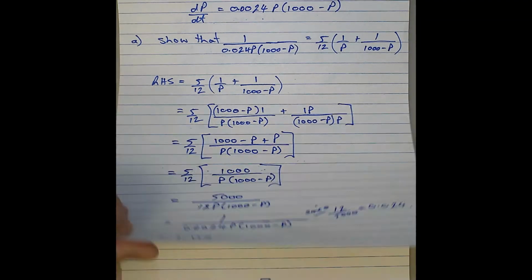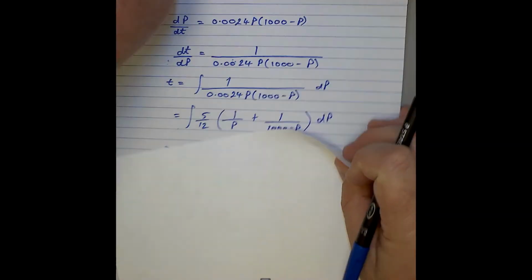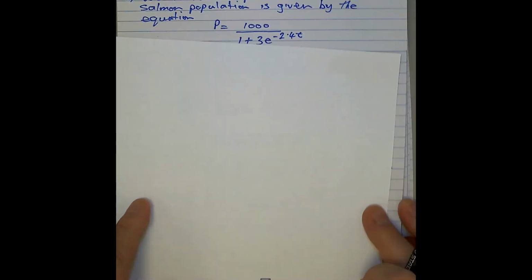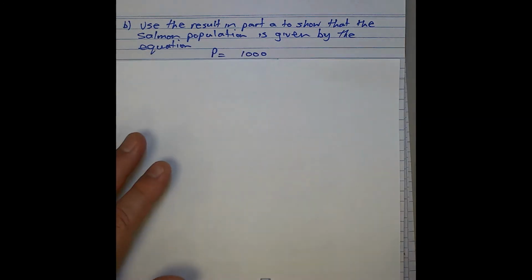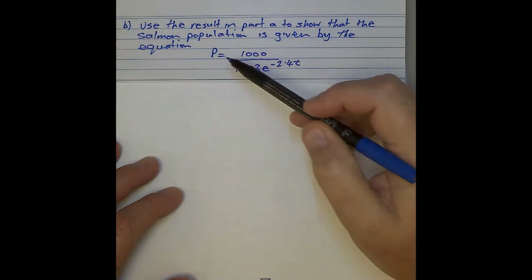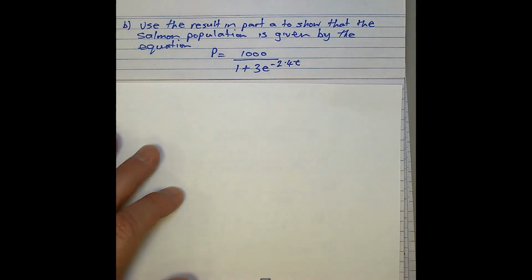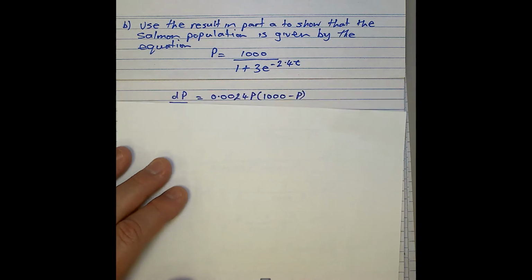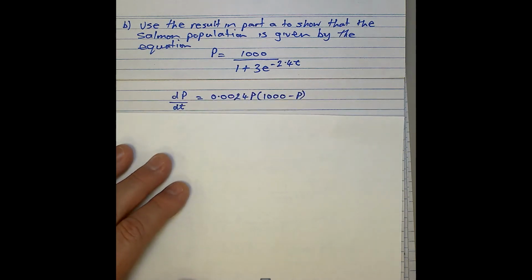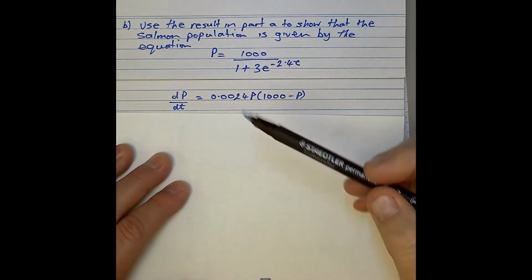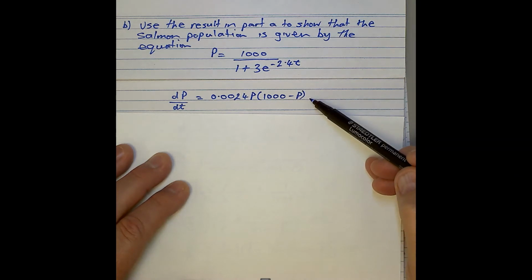In part B, we want to use the result we've got in part A to show that the salmon population is given by the equation here, where P equals 1,000 over 1 plus 3e to the minus 2.4t. We're going to start with our original differential equation, dP/dt equals this expression.